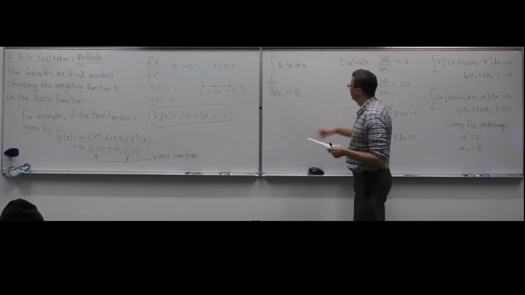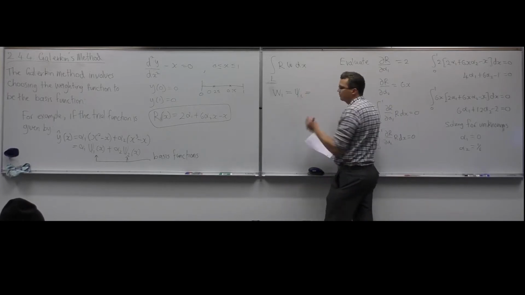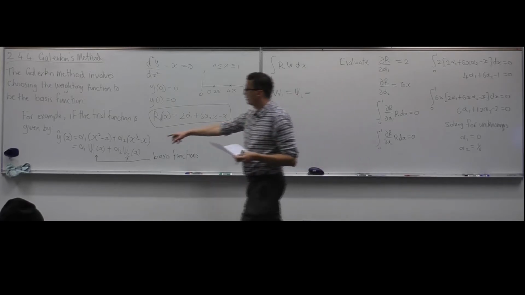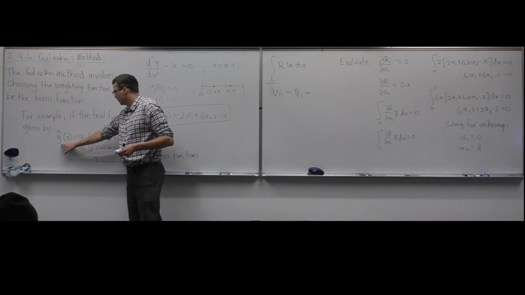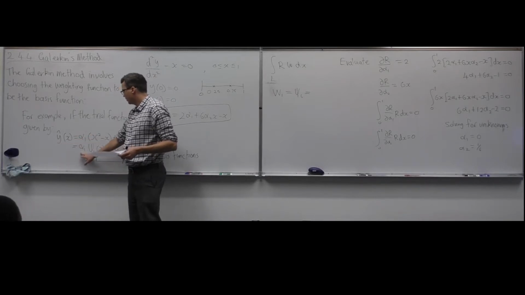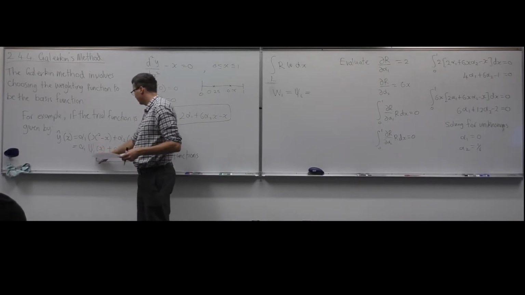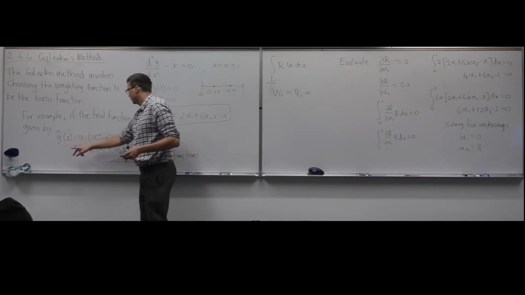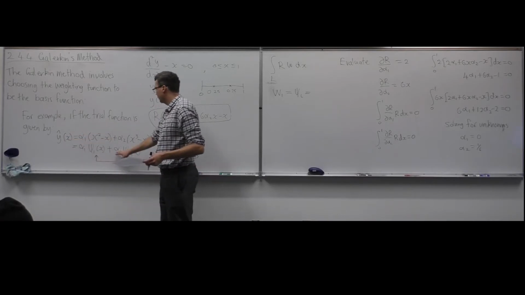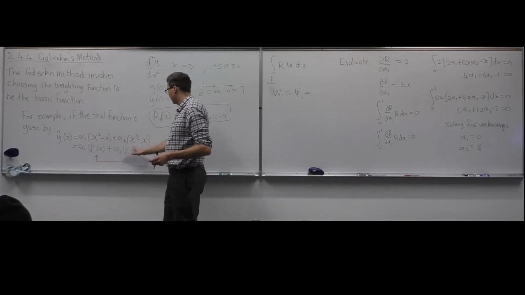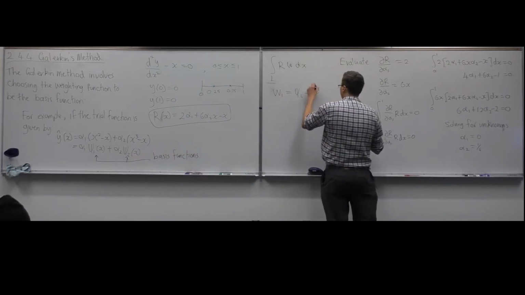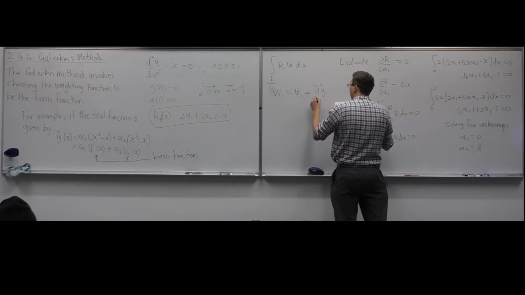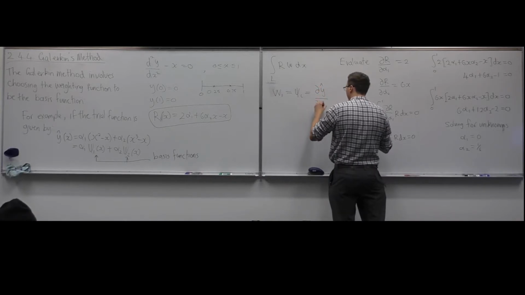If we look at the trial function, the derivative of the trial function with respect to alpha 1 gives the basis function for term 1, and the derivative with respect to alpha 2 gives the basis function for term 2. So we can write that this is equal to the derivative of the trial function with respect to alpha i.